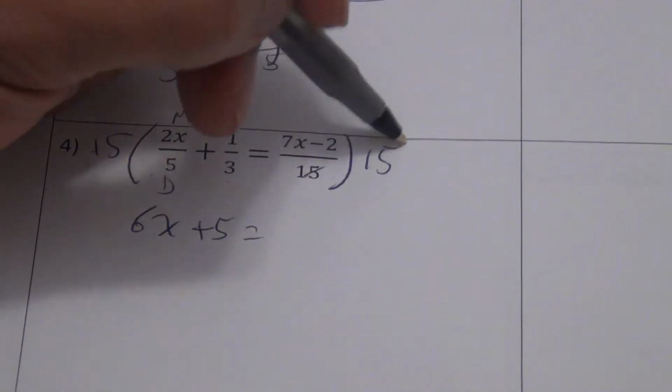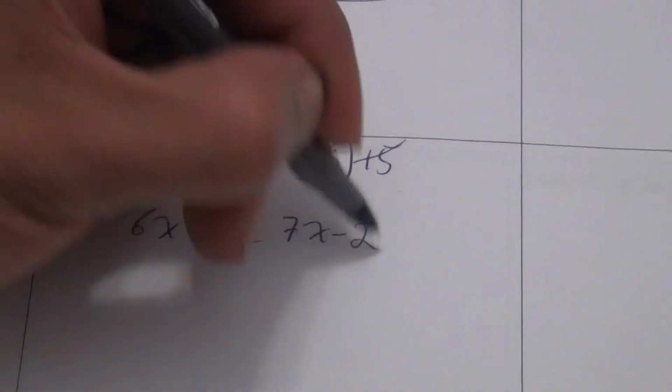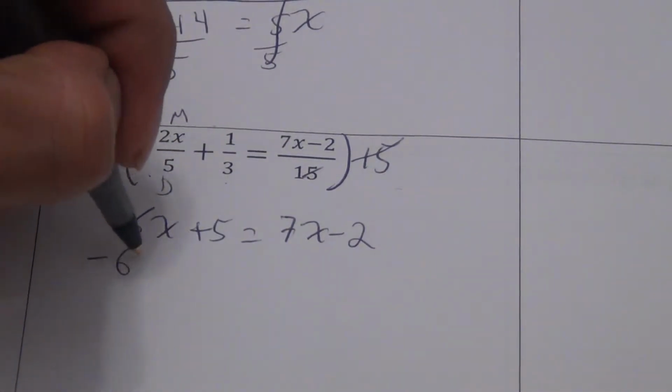When you multiply and divide by the same number, they cancel out. So you have 7x minus 2, okay? Then we have variables on both sides, so let's get rid of the lesser one.